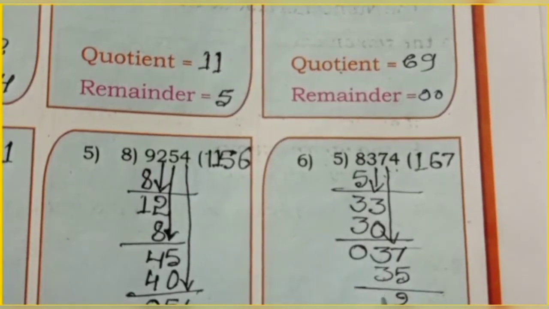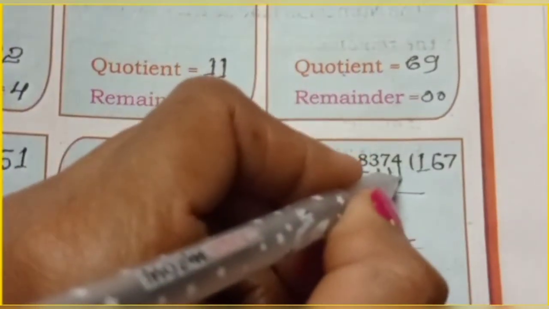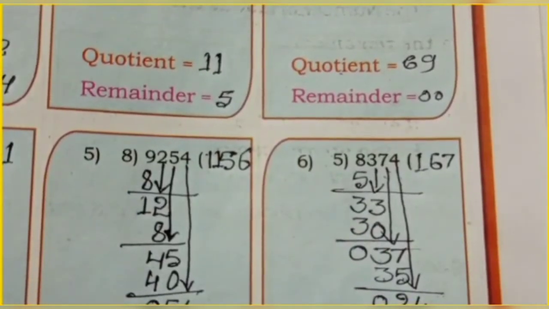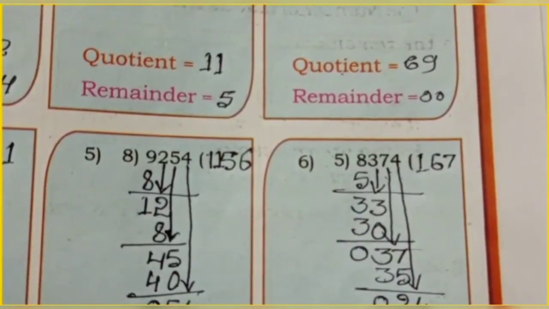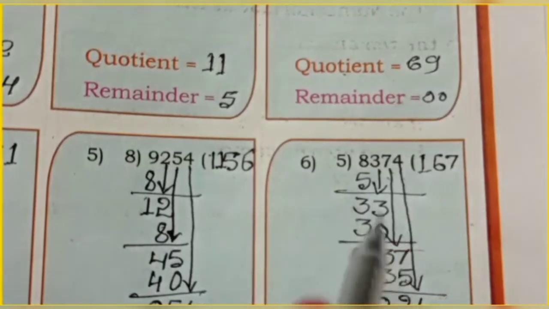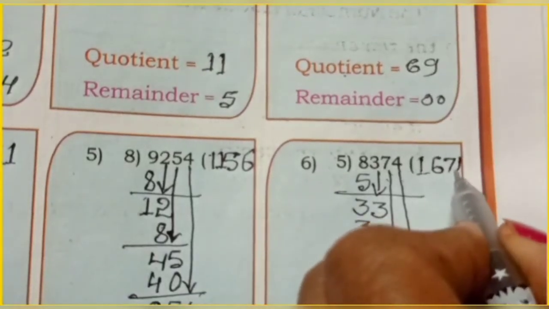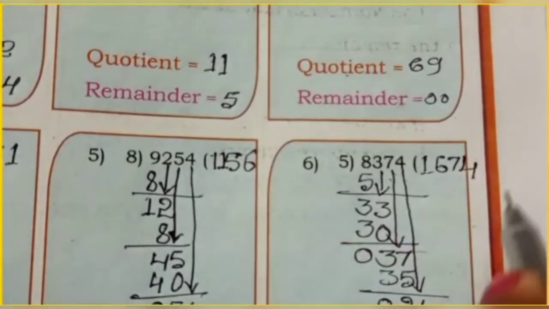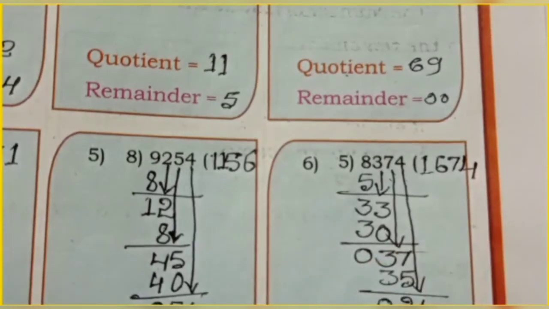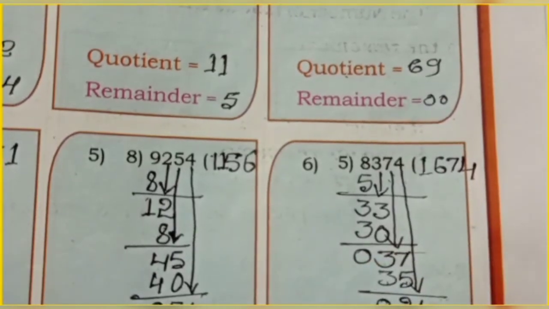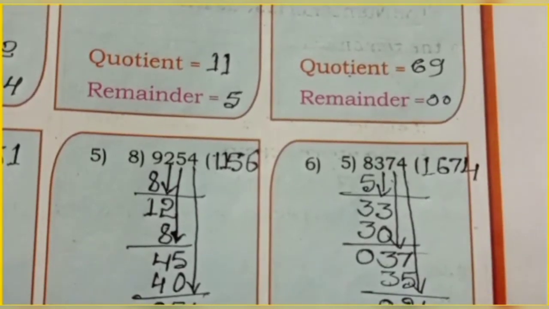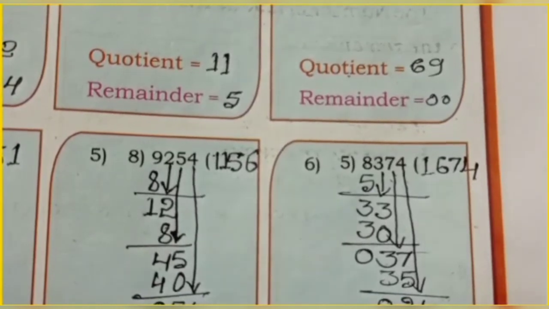3 minus 3 is 0. Now bring down 4. Divide 24 by 5. Now we divide 4 times. 5 fours are 20. So write 4 as the fourth digit of the quotient. Write 20 right here and subtract it. 4 minus 0 is 4. 2 minus 2 is 0.